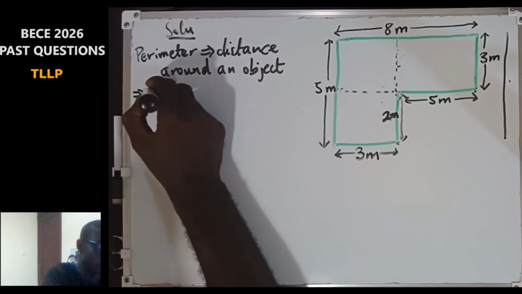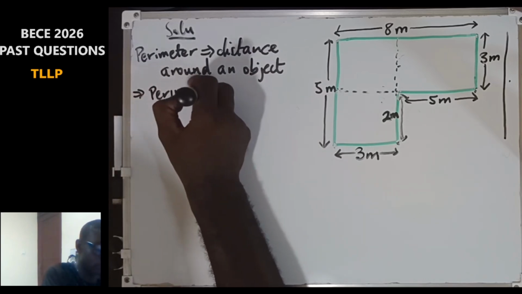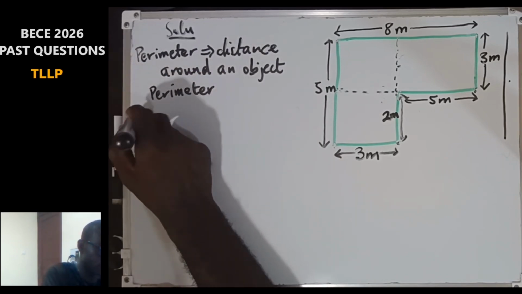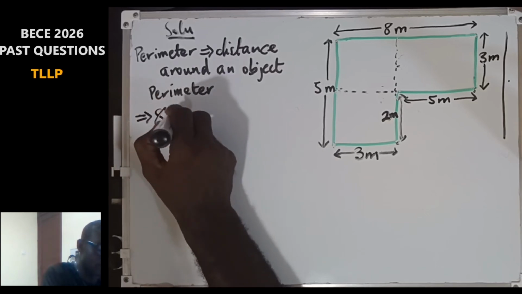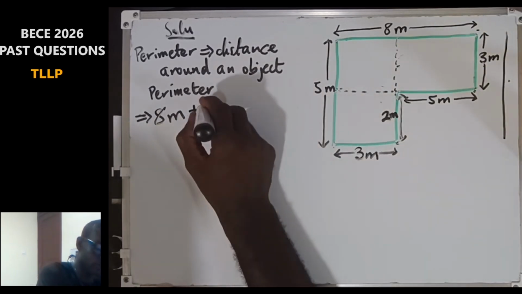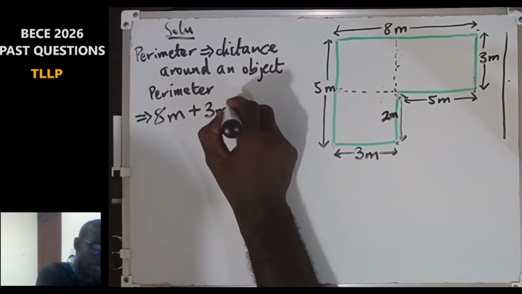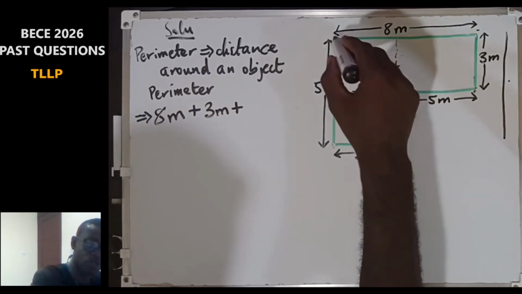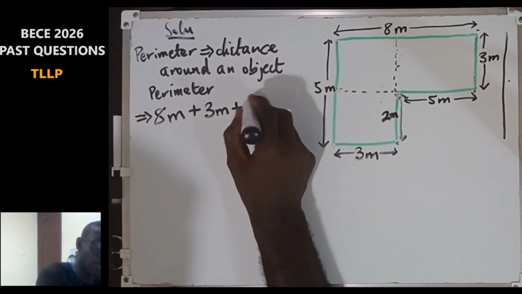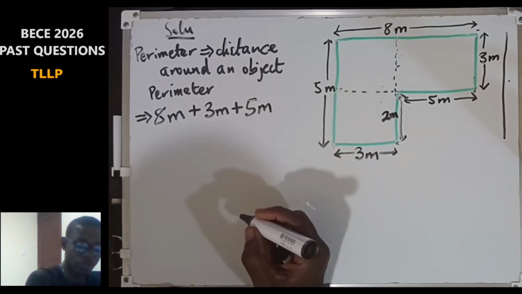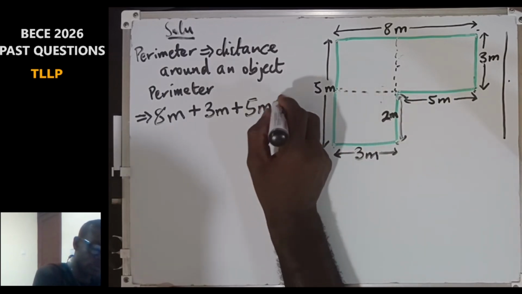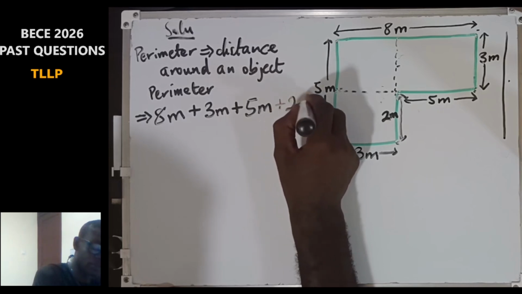And so that means the perimeter is going to be, that is, we have 8 meters, that is this side, plus 3 meters, plus the 5 meters. So it went here 8 meters, 3 meters, 5 meters. So it's like you are walking around the building. Okay, 5 meters. Then you walk to this side, it is 2 meters. So plus 2 meters.